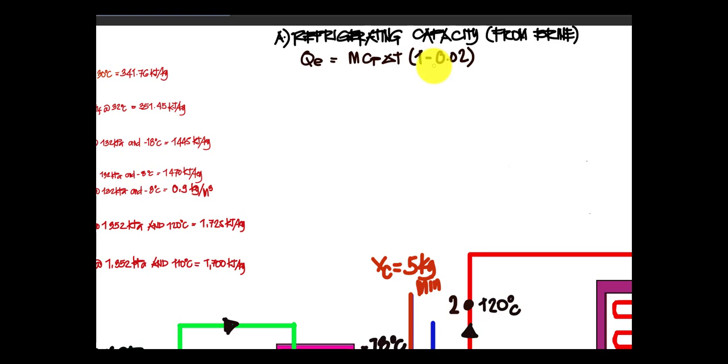Okay, so let's try to solve now. Let's substitute the values here.